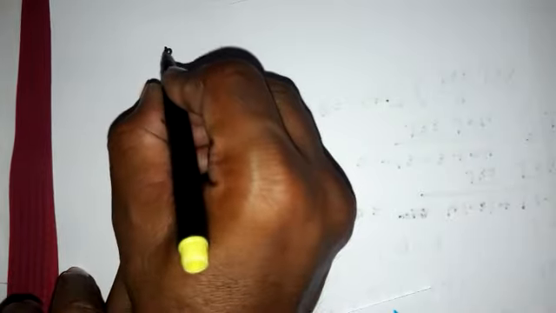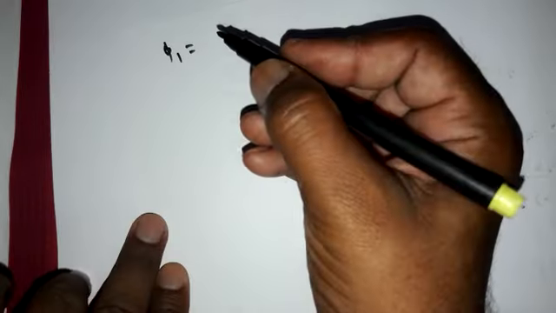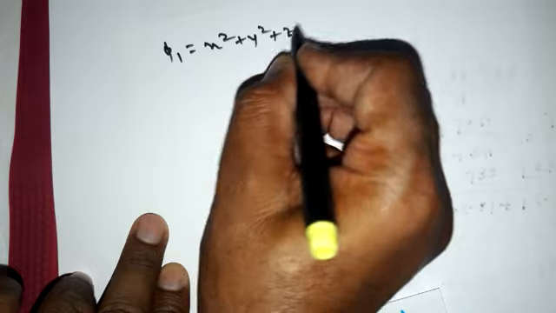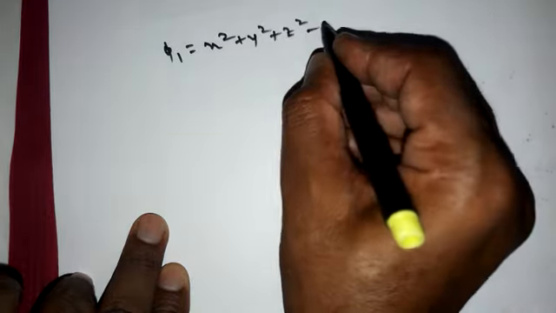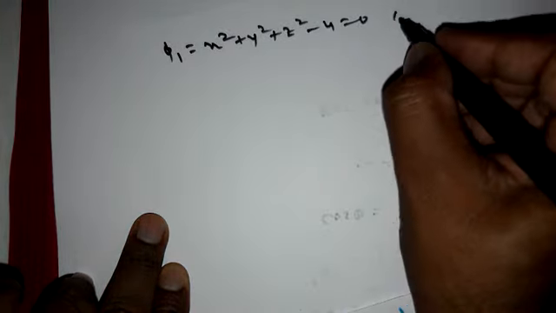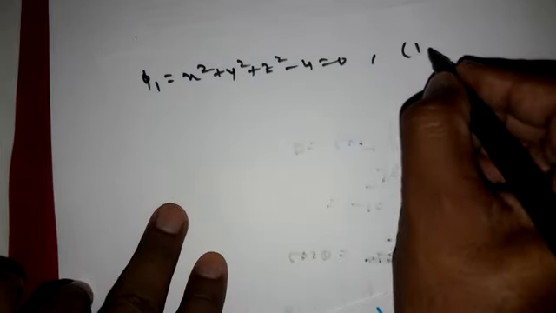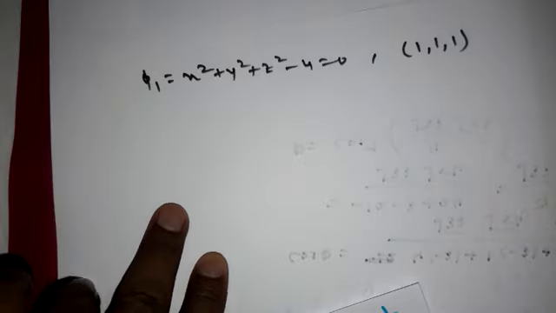Call that surface phi 1, which is x square plus y square plus z square minus 4 equal to 0. And the point at which I have to find it is given as (1, 1, 1).